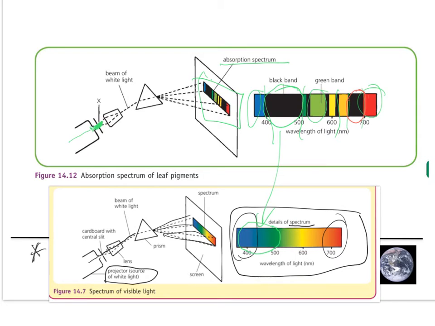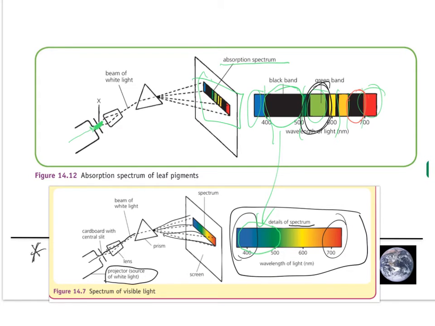Now you've also got these coloured bands. I'm going to see if I can take that away a wee bit. No, I can't remove these colours, but you've got these coloured bands. This green coloured band here is a region where light of a particular wavelength has not been absorbed by the pigment extract. So the chlorophyll appears green to the eye because it doesn't absorb the green light, but it reflects and transmits it, as we've talked before.